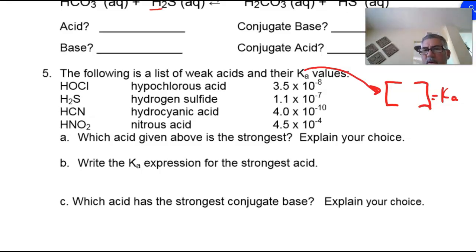So we can figure out the pHs of these, but remember that pH is a rationalization of the exponent.